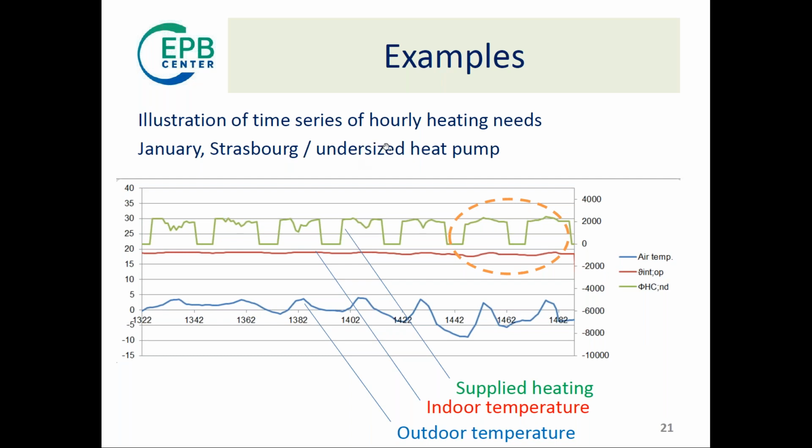now I chose an undersized heat pump, and the heating needs which are covered by the heat pump are now much lower. And that is reflected in the indoor temperature. So despite the large mass of the building, you see the indoor temperature cannot be maintained at the required level at these low outdoor temperatures because the heat pump system is undersized.